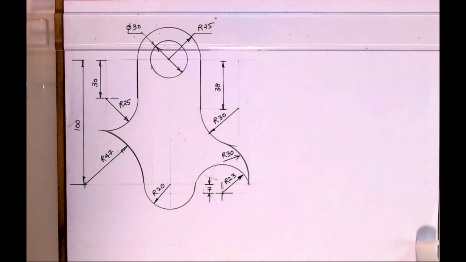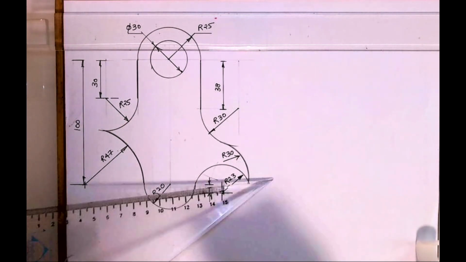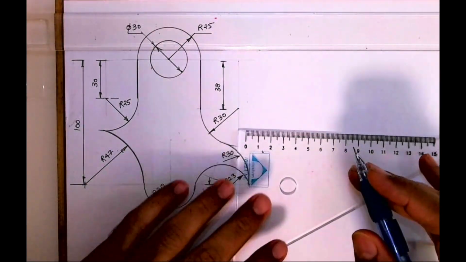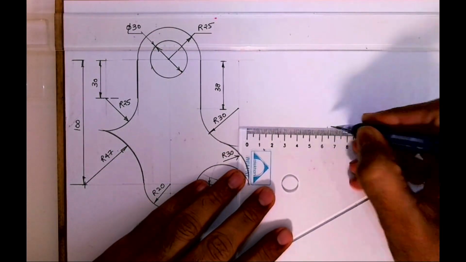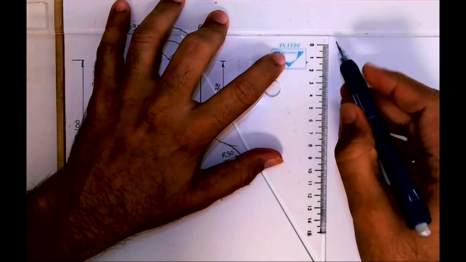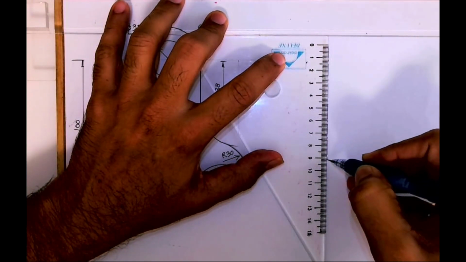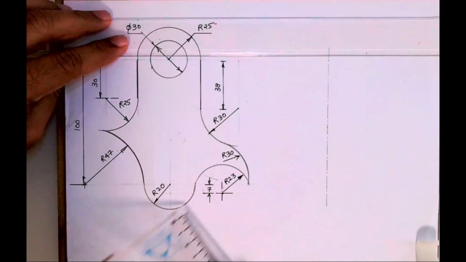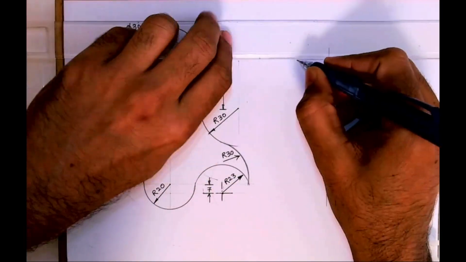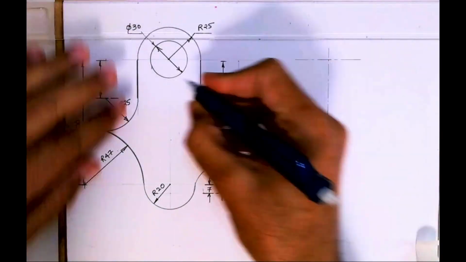So first we will draw the axis line. After that we'll mark point A and B. The distance between point A and B is 100.